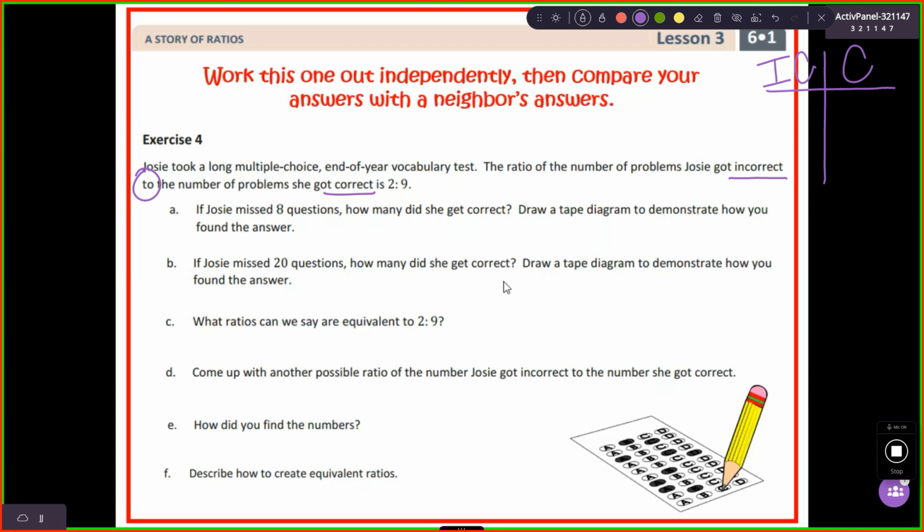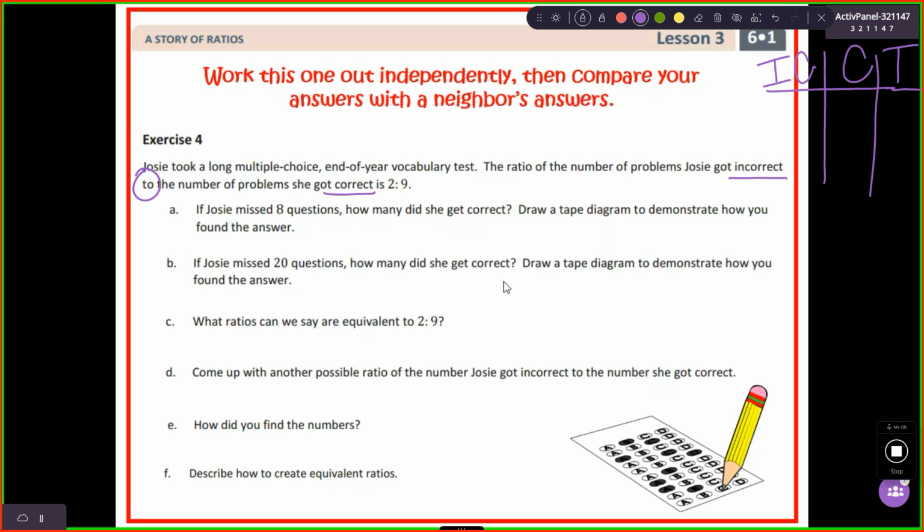Now, if I'm talking about a test, and I have incorrect and I have correct, is that telling me everything I need to know about that test? No, that's just telling me the parts that you got incorrect and the parts you got correct. The parts you got wrong, the parts you got right. Is that telling me my total?